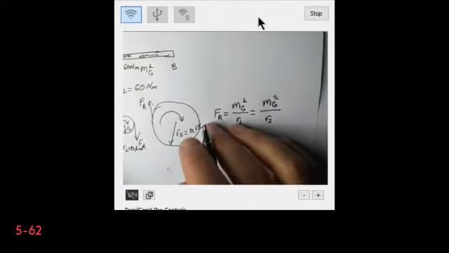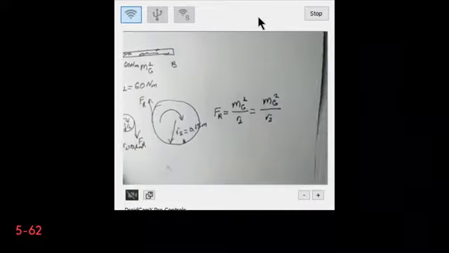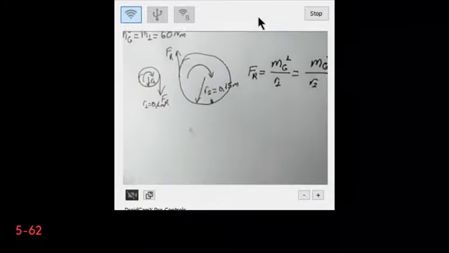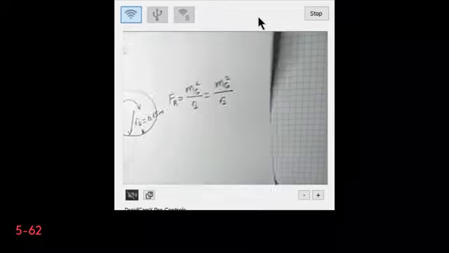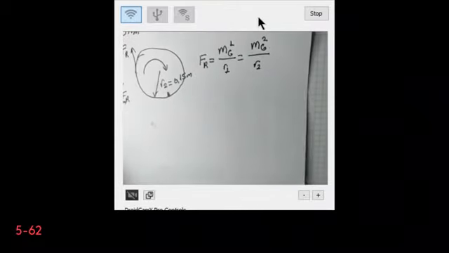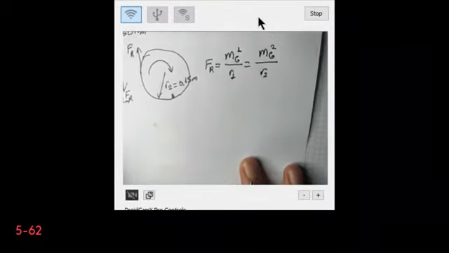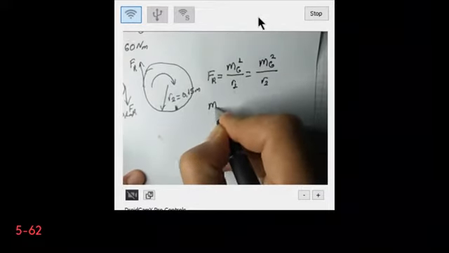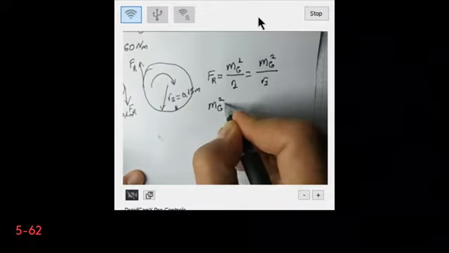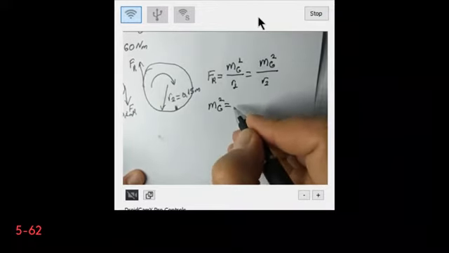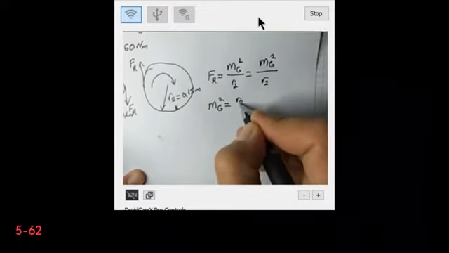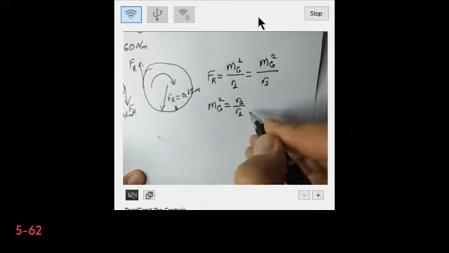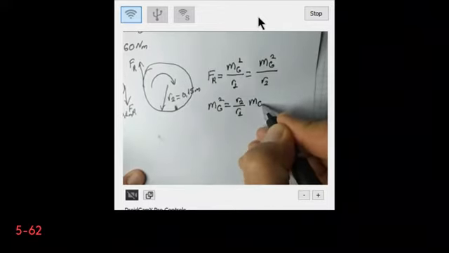mg2 is equal to R2 divided by R1 multiplied by mg1.